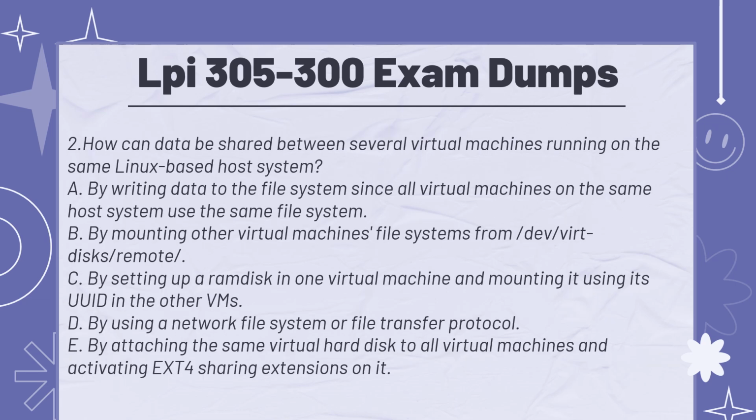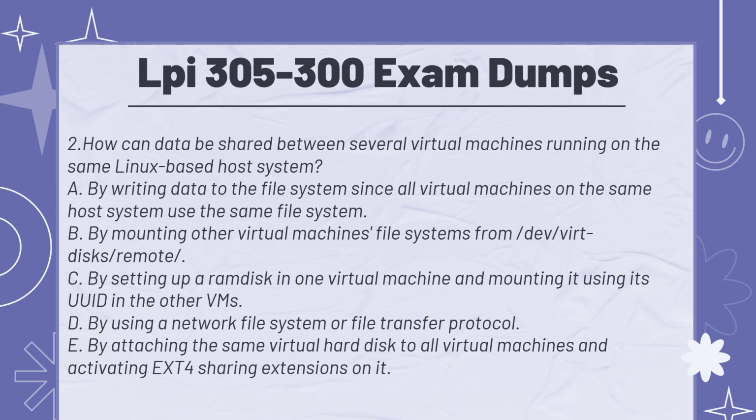2. How can data be shared between several virtual machines running on the same Linux-based host system? A. By writing data to the file system, since all virtual machines on the same host system use the same file system. B. By mounting other virtual machines' file systems from /dev/virt-disks/remote.